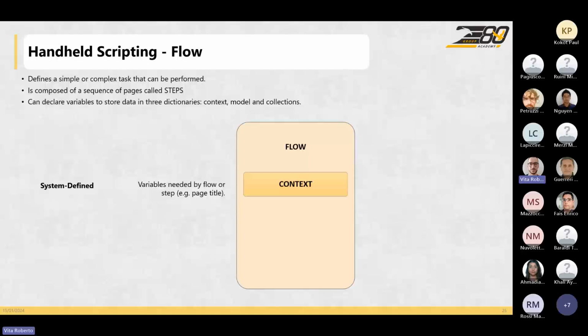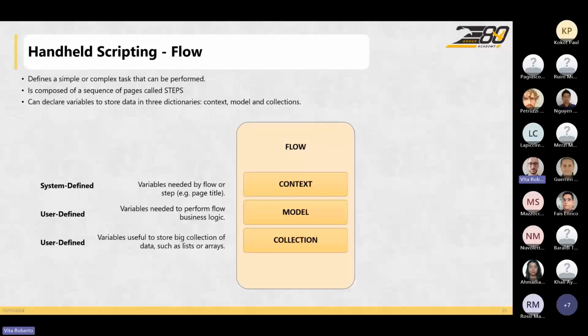For example, we could say the page title, flow title, or step title. Model is user defined. We must put into the model all the variables needed to perform the flow business logic. Collection is also user defined, and is useful to store big collections of data, such as lists or arrays. Lastly, we have steps, of course, steps necessary to perform the flow. All dictionaries above are always shared by all defined steps.